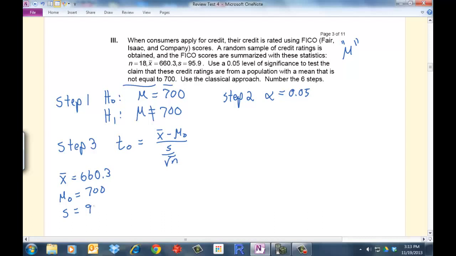S and n, 18. Plug in. Divided by the square root of the sample size. And we get minus 1.76.